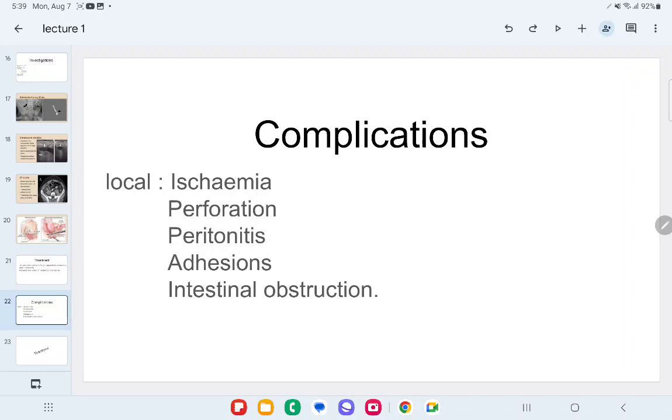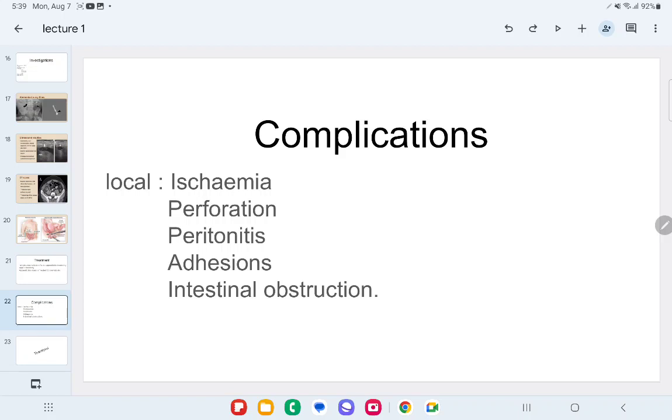What are the complications of acute appendicitis? As we have said, the appendicular artery is an end artery, and it will be prone to ischemia. If there is ischemia of the appendix, inflammation can occur, with collection of pus inside, and perforation may occur.